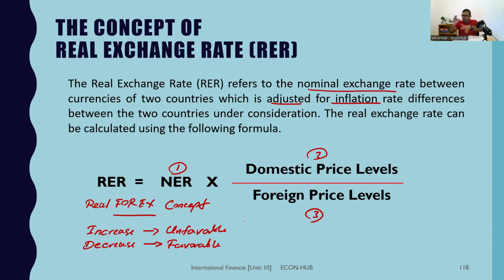Can you remember that alternative relationship? In nominal, it's not the case. If we say our nominal exchange rate is appreciating or increasing, that means the rupee is becoming stronger. Here, it's the other way around. Now read those points given under change in real exchange rate.